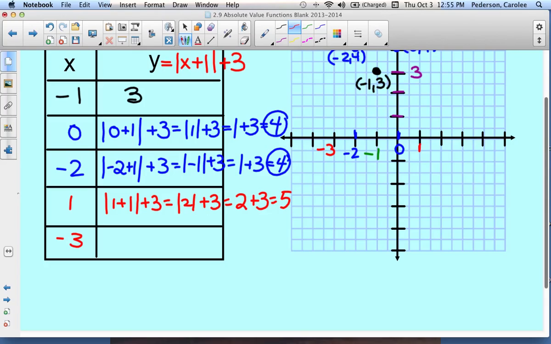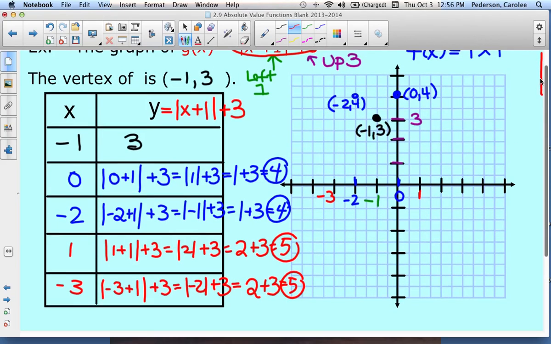Now let's go ahead and do this for -3. Replace the x with -3. Simplify it. We get the absolute value of -2 plus 3. The absolute value of -2 is 2, and then plus 3, we get 5. Notice again, we get the same number when we go 1 right and 1 left more. So now let's graph those ordered pairs on our coordinate plane.